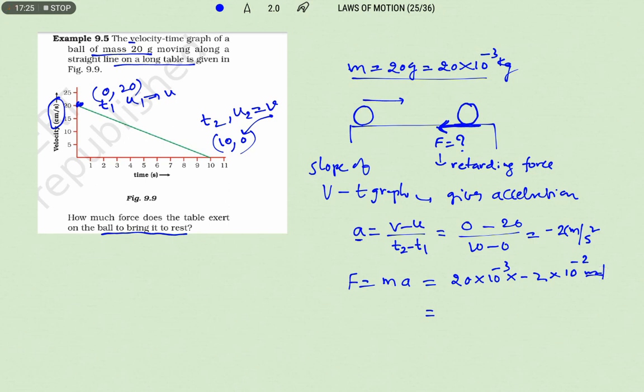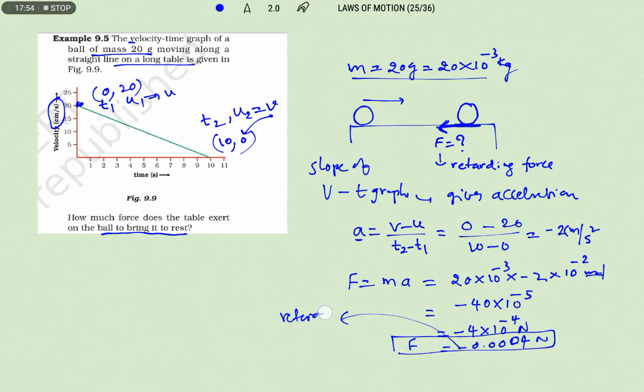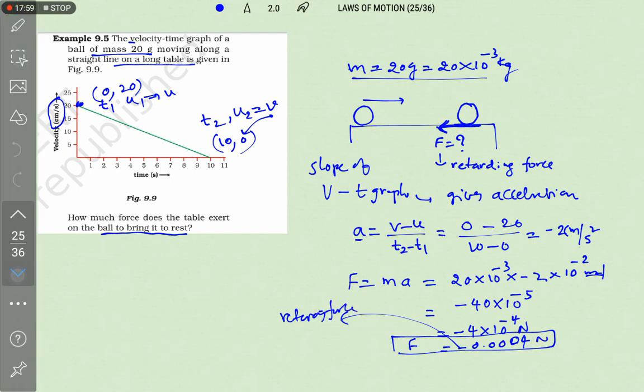So 20 into 10 power of minus 3 into 2 into 10 power of minus 2 gives 40 into 10 power of minus 5, or 4 into 10 power of minus 4 newton. That means it is nearly equal to 0.0004 newtons. The importance of the negative sign is nothing but that it is a retarding force. That's it. Right, let us see the next one.